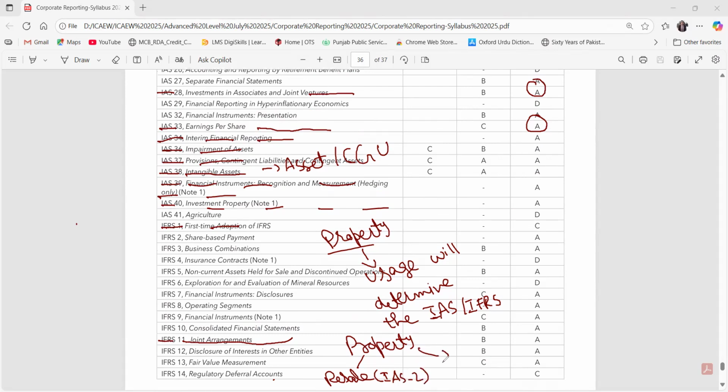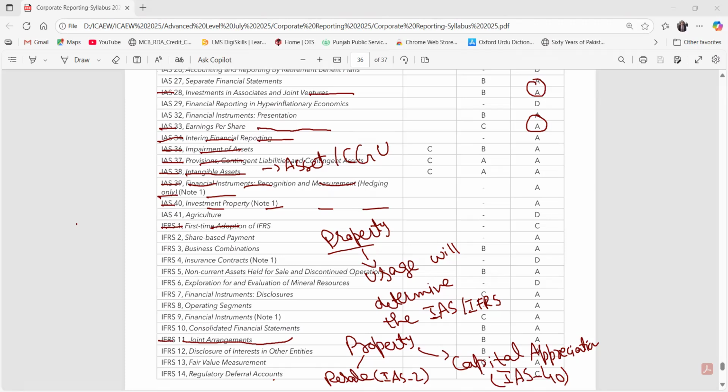Any property that is held for capital appreciation, that is for IAS 40.